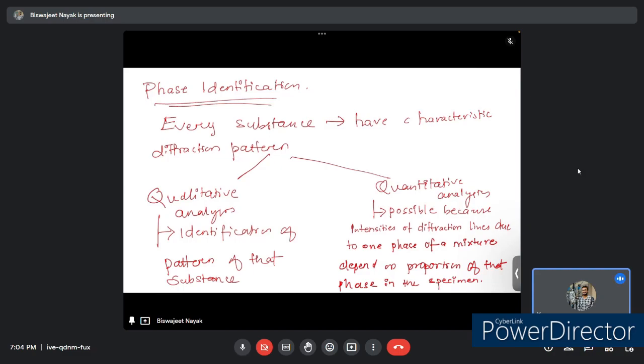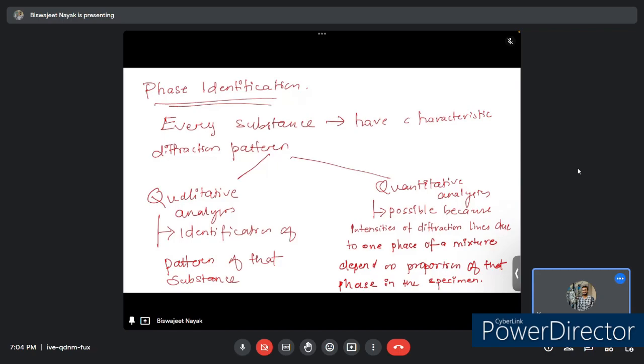So what is the advantage of diffraction analysis? It discloses the presence of a substance as that substance actually exists in the sample, and not in terms of the chemical elements.